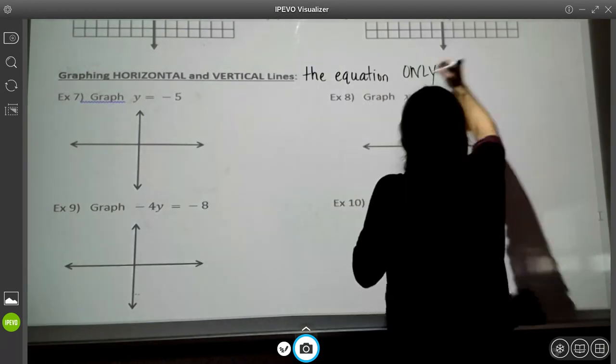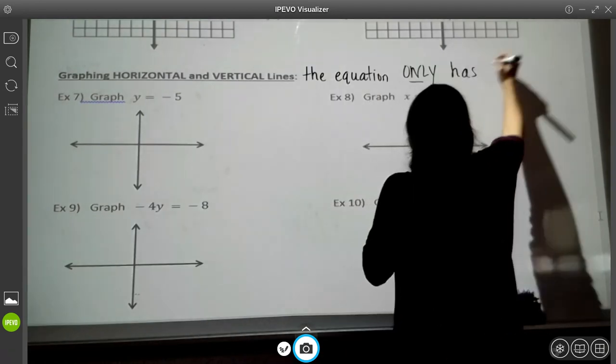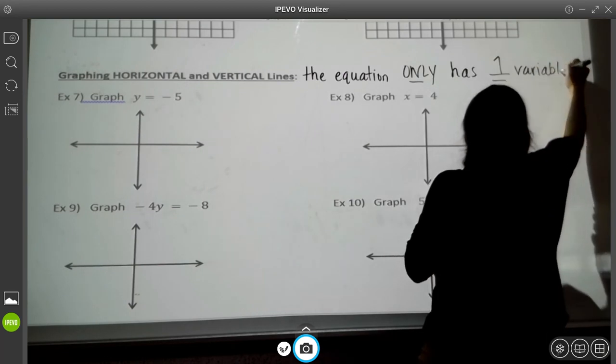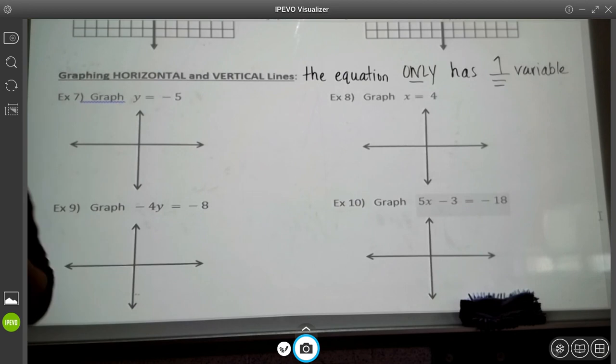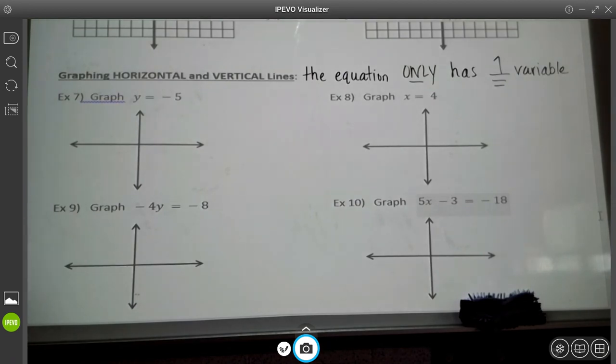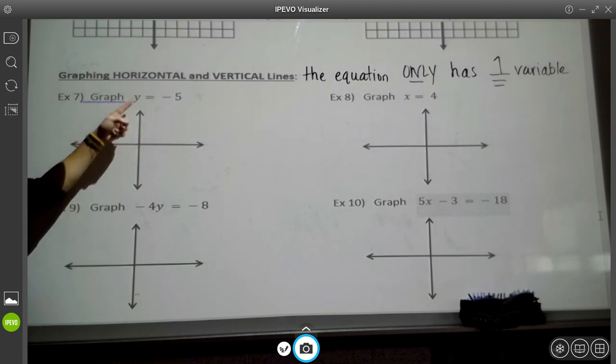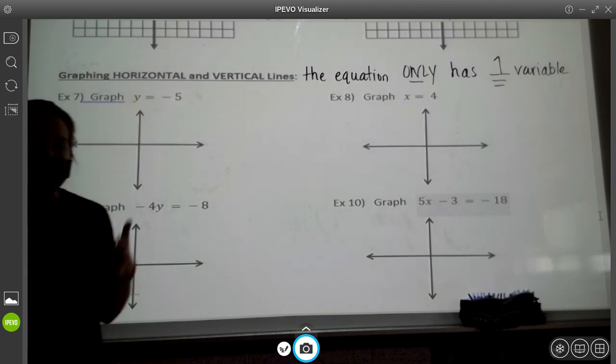Okay, so to graph a horizontal or vertical line, if you ask me, it should feel easier because all you have to do is exactly what it says. If we're going to graph the line y equals negative 5, then we have to graph a straight line where every single y coordinate is negative 5. So guys, give yourself some tick marks.